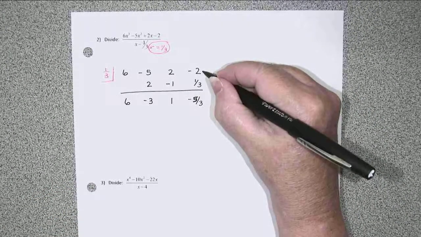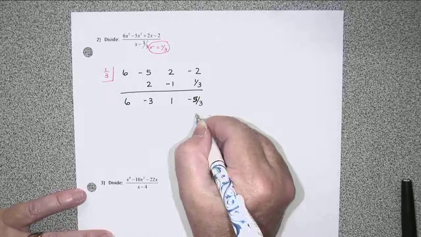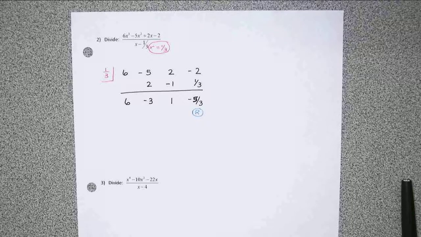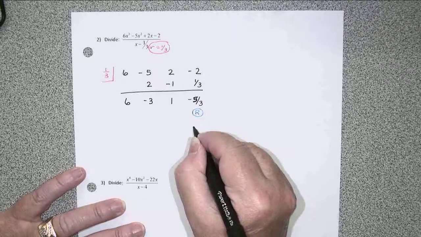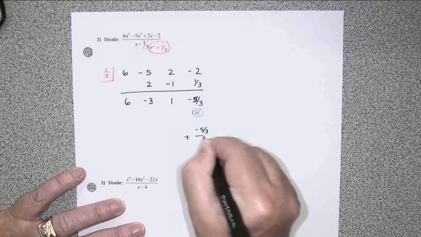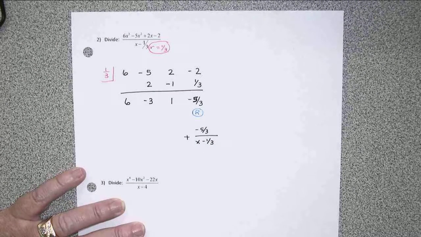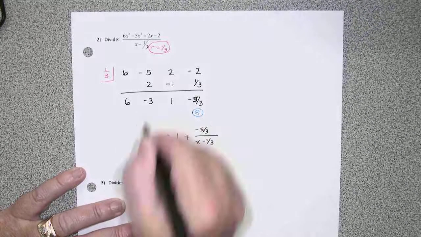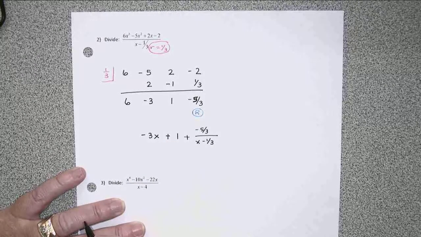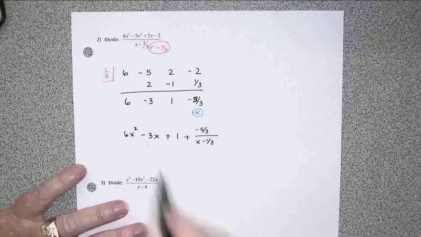I was thinking of this as -6/3 plus 1/3 is -5/3. All right, this one did not come out evenly because it does have a non-zero remainder. So, if I were to write this, my last piece, the remainder, could look like -5/3 over x minus 1/3. Then working my way back, a constant term of 1, -3x to the first, positive 6x to the second, just increasing the power every time.